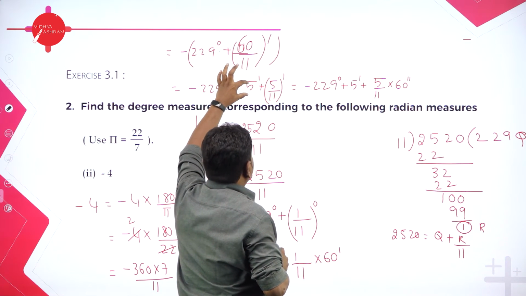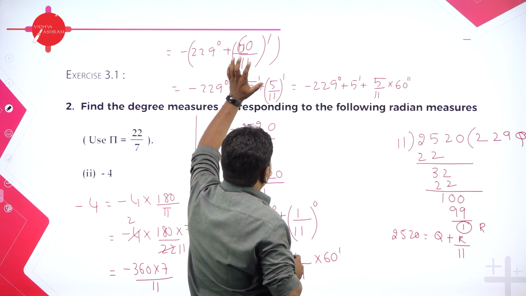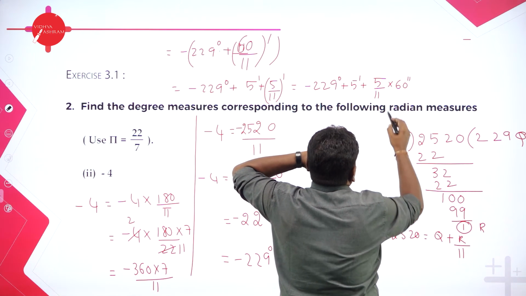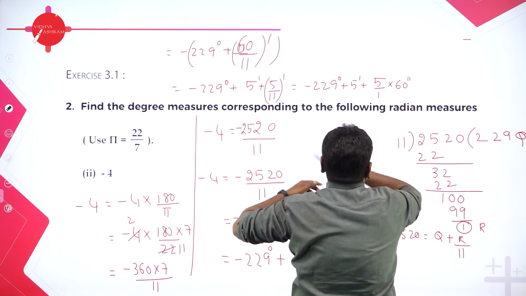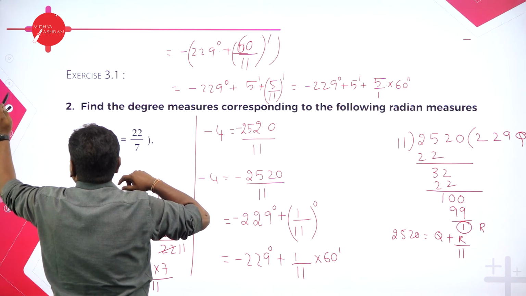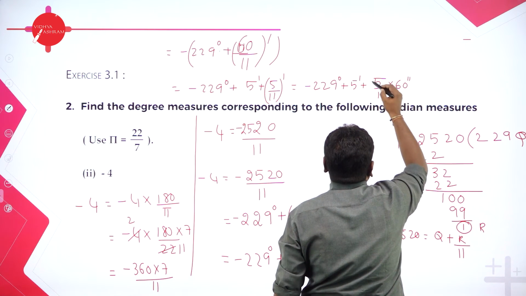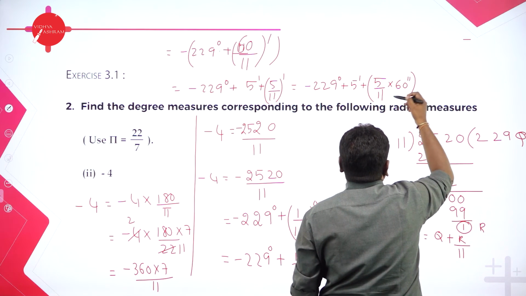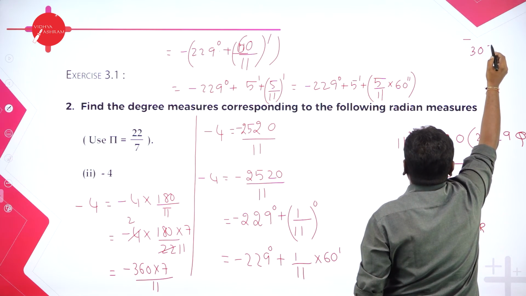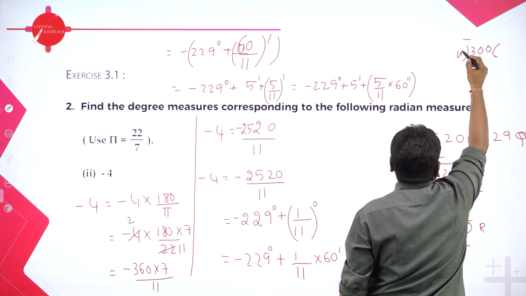See, first we got 5 minutes and plus 5 by 11 minutes. So that again I want to convert this particular minutes to seconds. So I'll multiply this with 60, again do the same process. 6 5s are 30, so it will become 300 divided by 11 and write it in seconds.